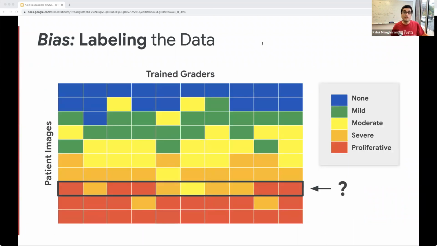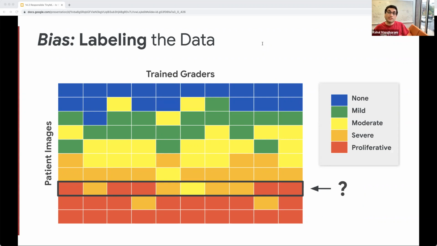While this example might seem easy to spot with careful review of the data, bias in labeling can sometimes be much more difficult to address. Suppose we are labeling medical images for a disease classifier, and we present a set of patient images to trained graders who label the data.